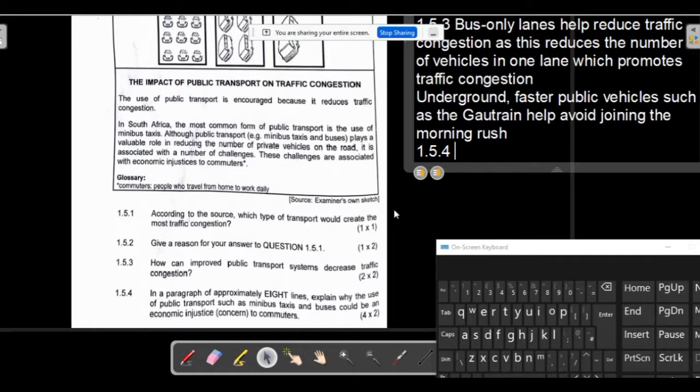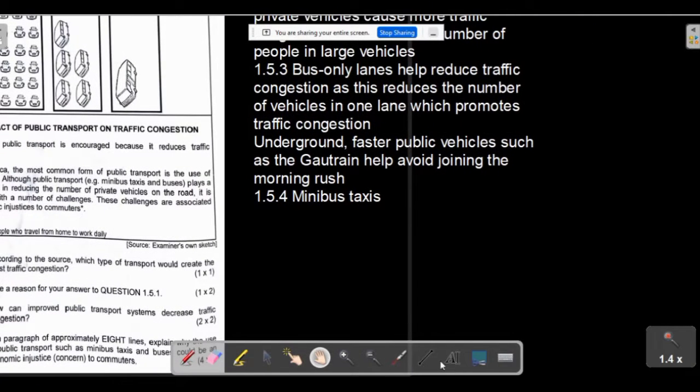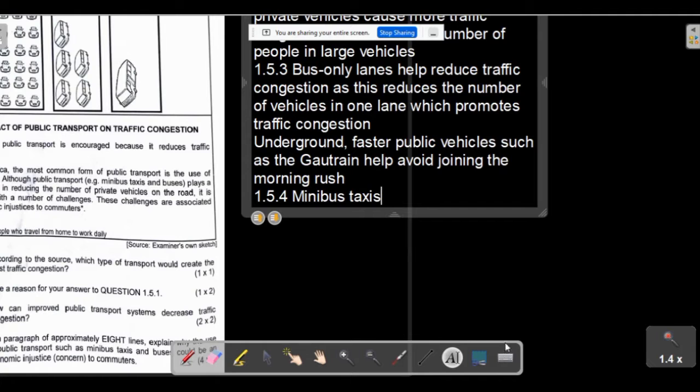So let's see, what can we say? I think one point we said is that they actually increase fare prices. Say minibus taxis, especially minibus taxis, because they have the dominant market share.